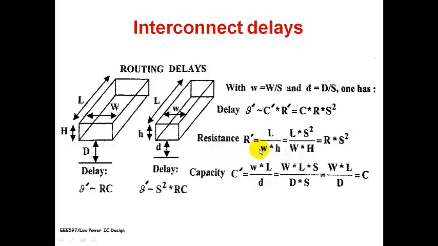The normal formula we have. And now as you see here, W is scaled as W by S, H is H by S, and this gives you the resistance increasing by S square. Though we use the same material, the unit resistance is not actually remaining the same.